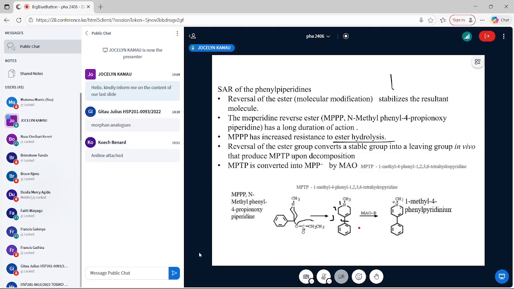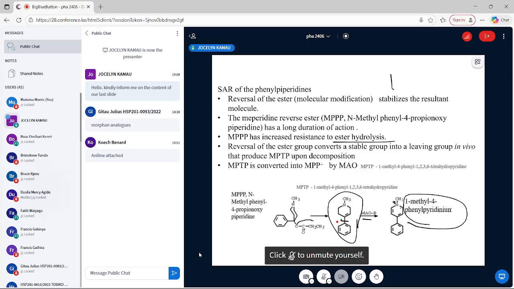And now this compound, when it is formed in the body, is metabolized by monoamine oxidase B to give us a highly toxic product, which we call 1-methyl-4-phenylpyridinium. If you look at it now, it is the whole pyridine, but it has a positive charge there.